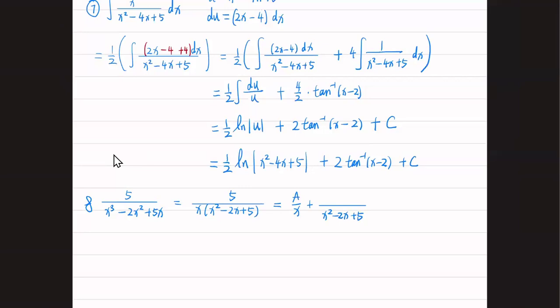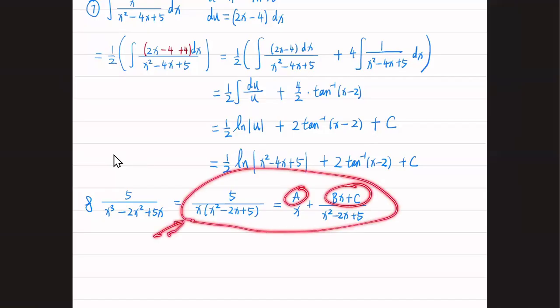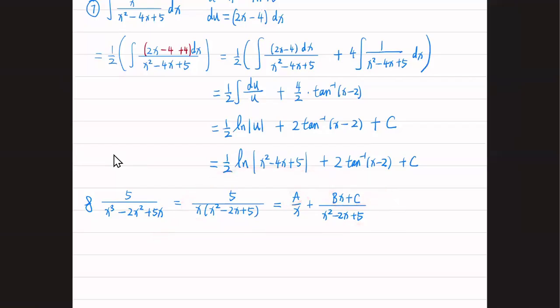For the quadratic factor we should have bx plus c, because the degree is 2, so the numerator is 1 less, degree 1. Then how do we find these coefficients? What method should we use? What would you do as the first step? Let's get rid of the denominator. I'm going to multiply both sides by this factor.